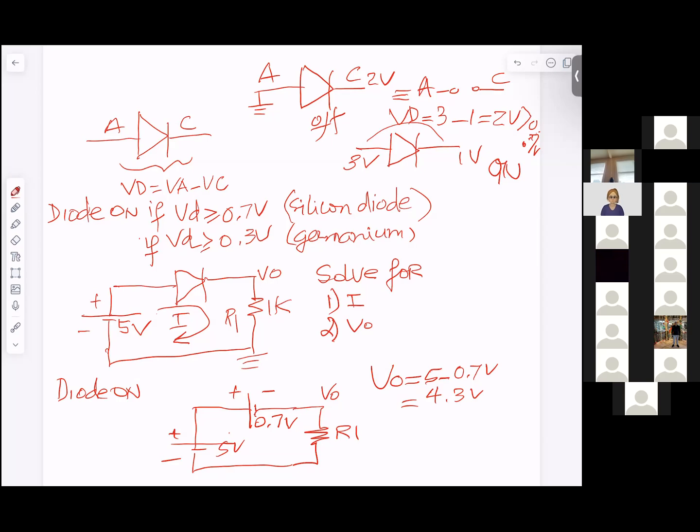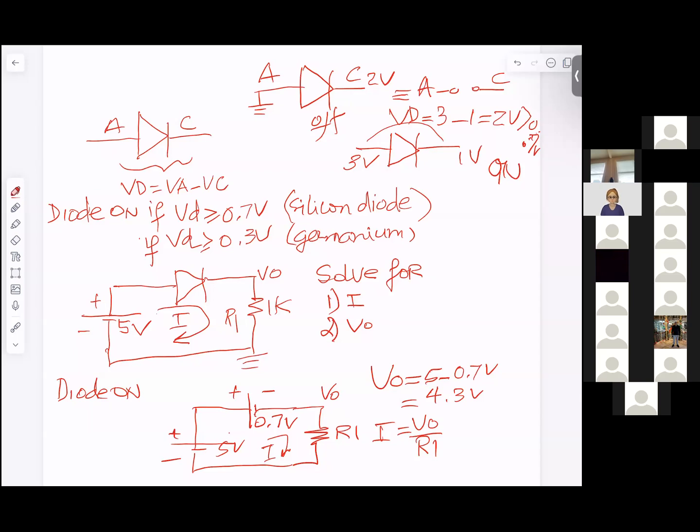Okay, you get current I equal to V out, what? 4.3 divided by R1.